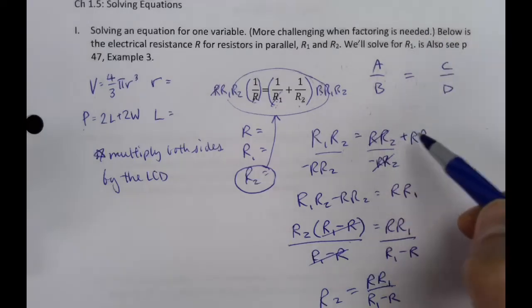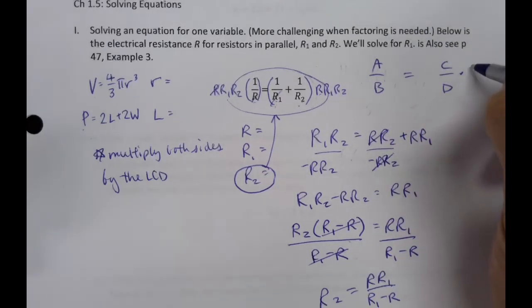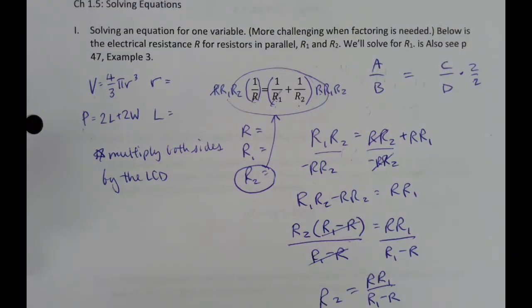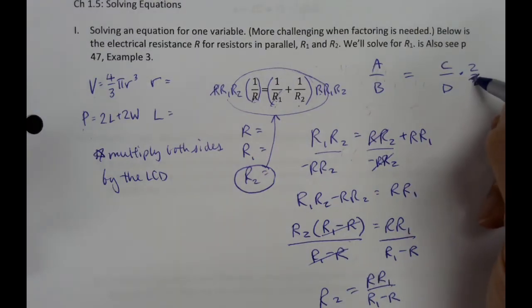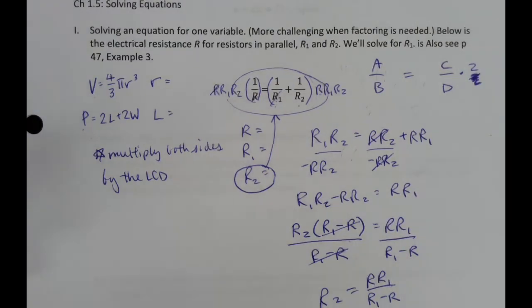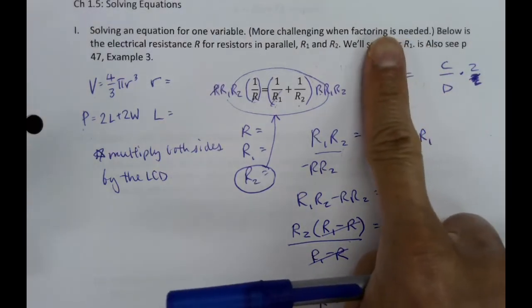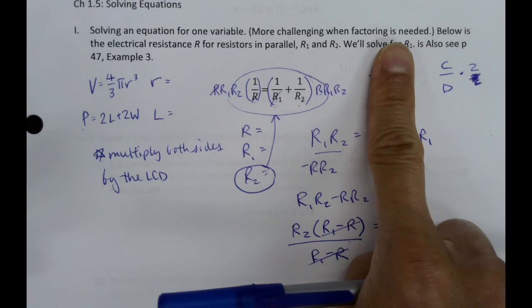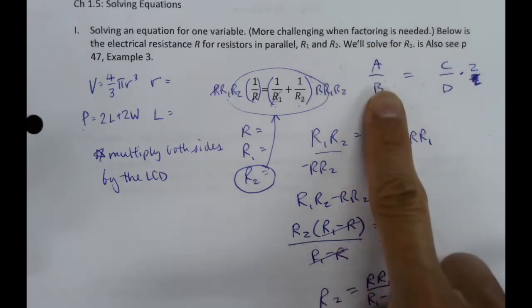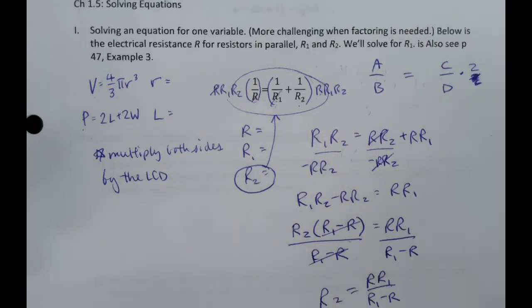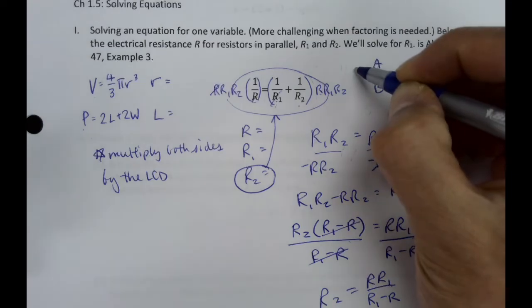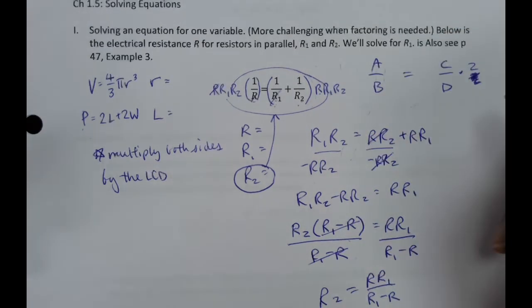Right? If I take these two fractions here, I could multiply this by 2 over 2 and not change it. But I can't just multiply one side by 2 if I'm trying to simplify a fraction, because I'd be doubling it. But the nice thing about an equation, and we'll use this a lot, is I can multiply by anything I need to as long as I do the same thing to the other side.